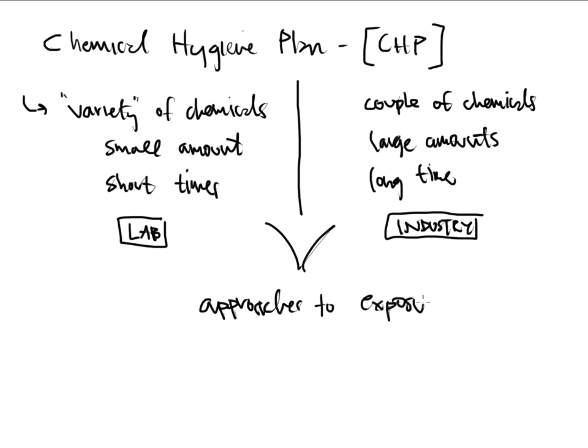And that's what all this module is about, right? This whole module has been about chemical exposure. So a lab worker, their exposure concept is completely different than maybe the industrial processing, making side of the house.